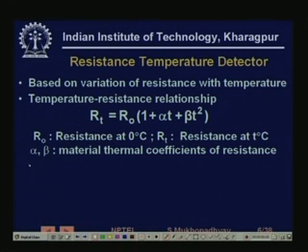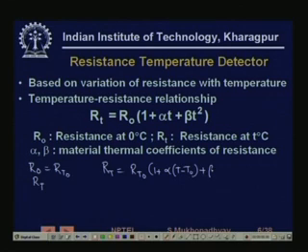In general you could write the resistance at T0 as RT0, and then you will have the formula RT is equal to RT0 into 1 plus alpha into (T minus T0) plus beta into (T minus T0) square.